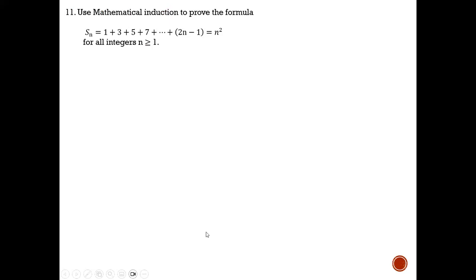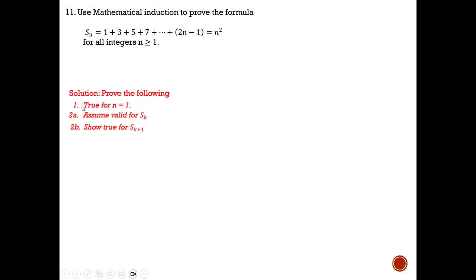So let's apply that to this example here, use mathematical induction. So this is S sub n, adding up all these numbers. This is the formula to generate each term. So if we're going to generate more terms, we can use that one based on the position of n. We're saying that the sum of all of this equals n squared, okay, for all integers n greater than or equal to 1.